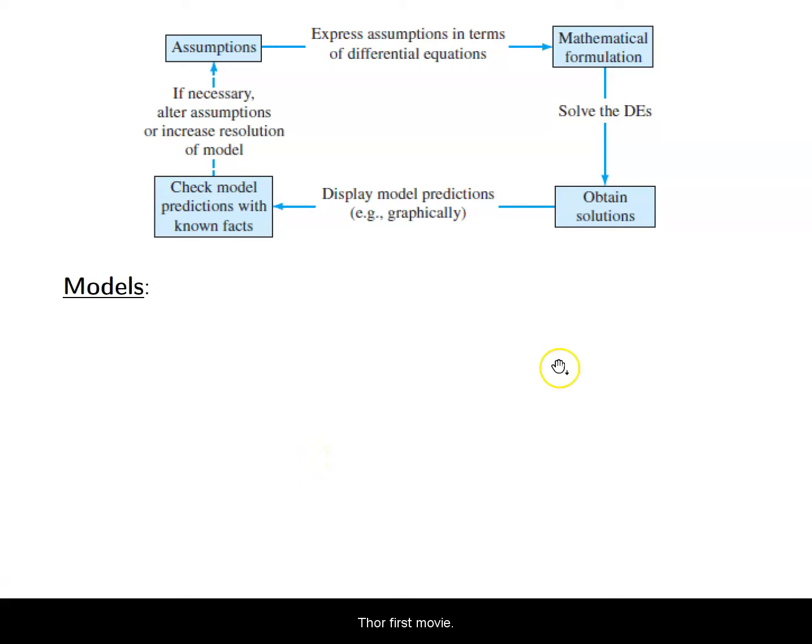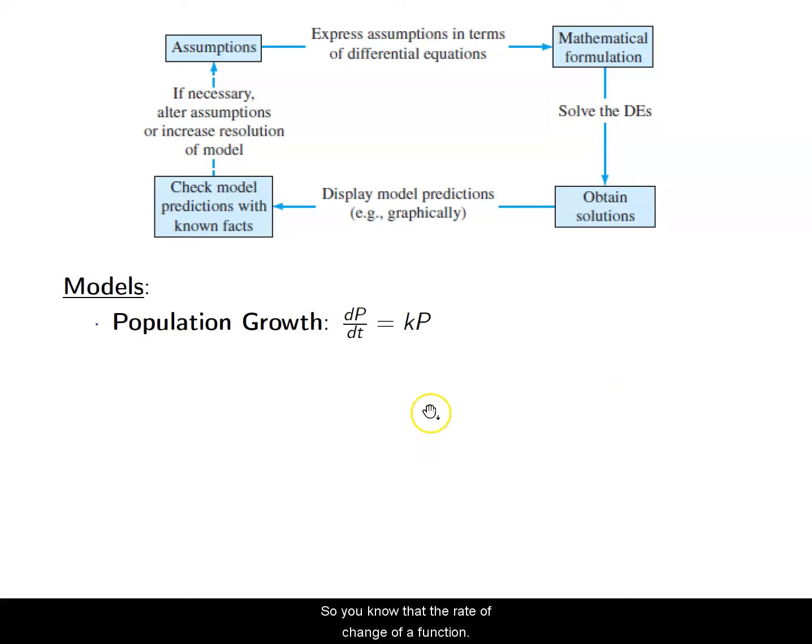Okay. So our first model is population growth. You've talked about population growth since Algebra 2. It comes up in pre-calc, in Calc 1, and I think it also comes up in Calc 2 quite a bit. So we know that the rate of change of a function over time is equal to a constant multiple of that population.